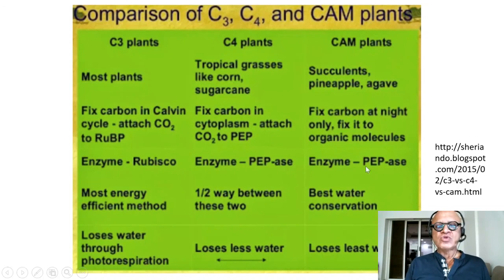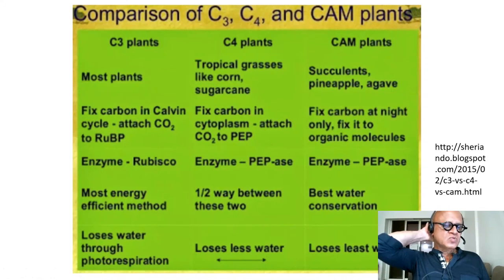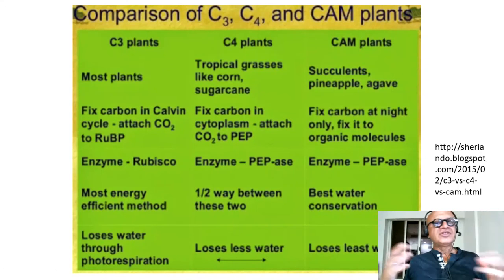I don't want to go into too many details, but essentially these matter because C3 plants respond well for I think high CO2, whereas these do better when there is low CO2, and they also do better with warmer temperatures. Okay, so they have evolved under different conditions, and they have optimized different things.